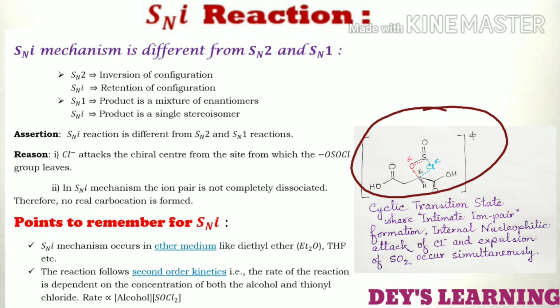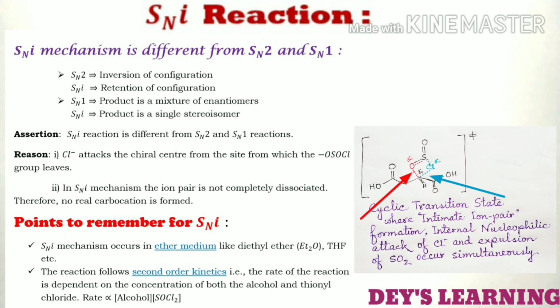Take a close look here. This cleavage of this carbon-oxygen bond and the making of this carbon-chlorine bond occurred almost simultaneously. So the internal nucleophilic attack and the expulsion of sulfur dioxide molecule occur simultaneously. So there is no real existence of carbocation.